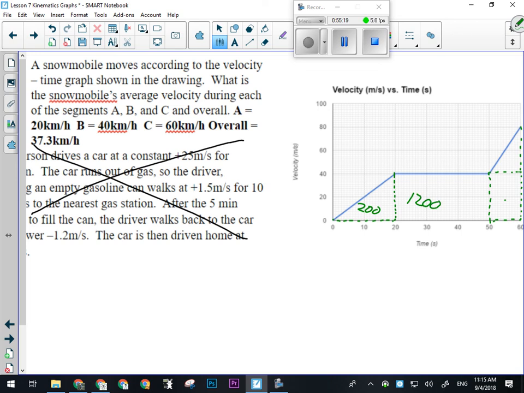And then I have the height of this triangle, which is 40, because it goes from 40 to 80, and that happens over 10 seconds. So 40 times 10 is 400, divided by 2 is 200, and then I have this box here that's 40 times 10, so 400. Everybody with me on how I calculated those displacements?